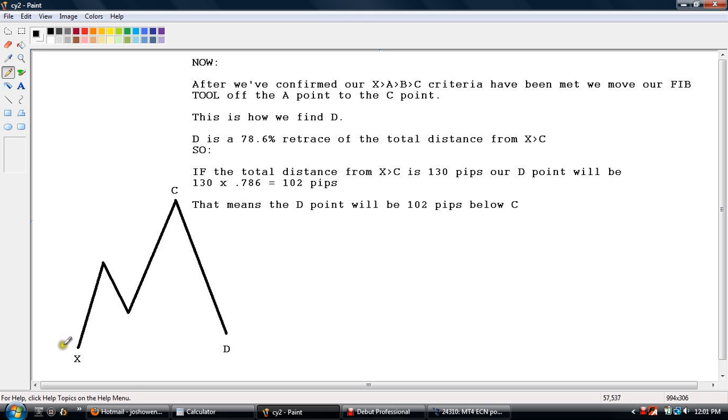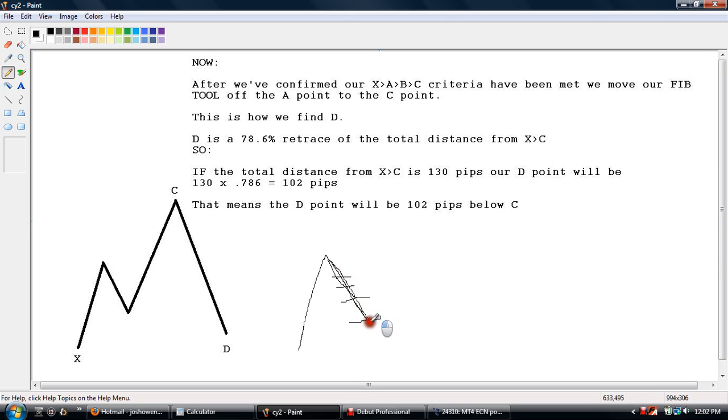So again, if you've got price starting here at X, moving up to C, when we say retrace, that means price is coming back towards X. And what percentage does price come back? A 38, a 50, a 618, or a 786? How deep does price go?